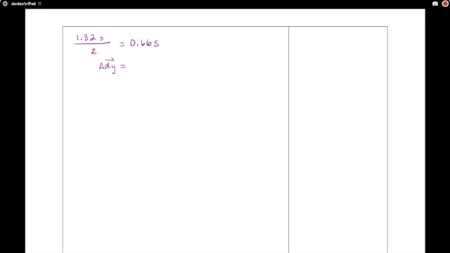is equal to the initial velocity times delta t, plus 1/2 acceleration times delta t squared.